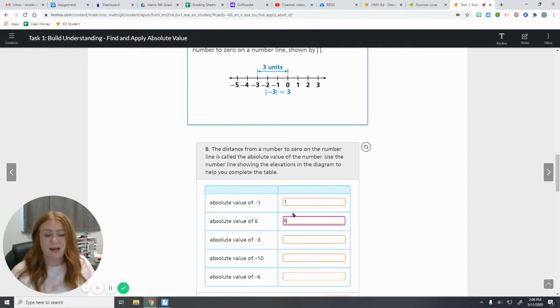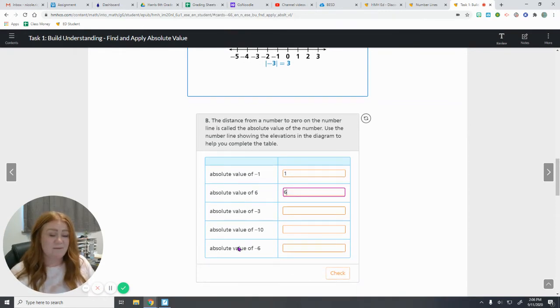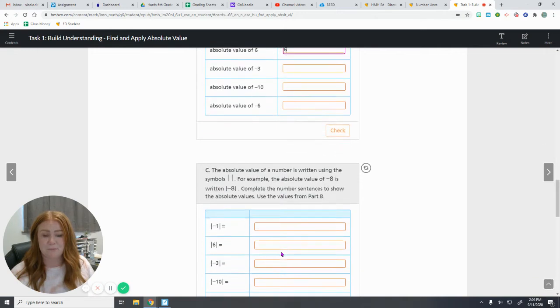So again, absolute value is always positive. So pause the video and see if you can finish filling out the absolute values of how far it takes to get from -3 to 0, from -10 to 0, and how many places from -6 to 0.